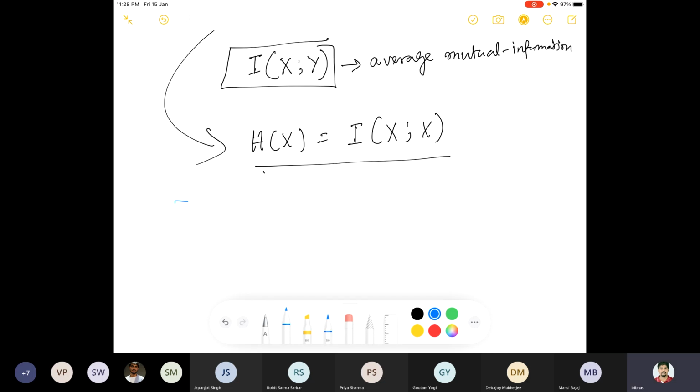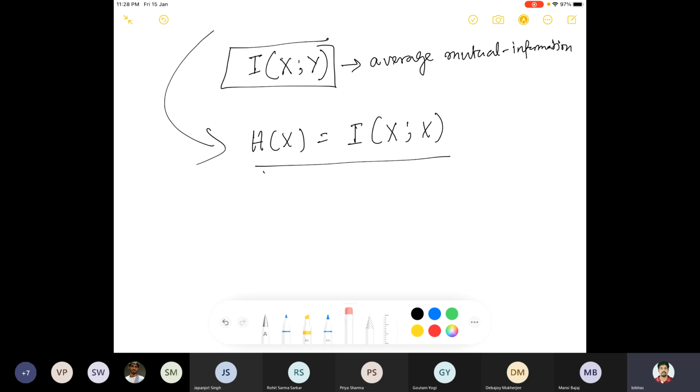the thing is, we have related the idea of mutual information or self-information with entropy. In fact, we define entropy using self-information. That's fine.